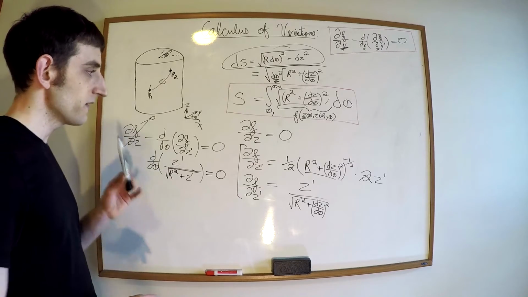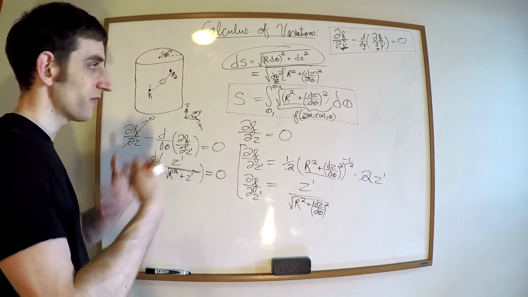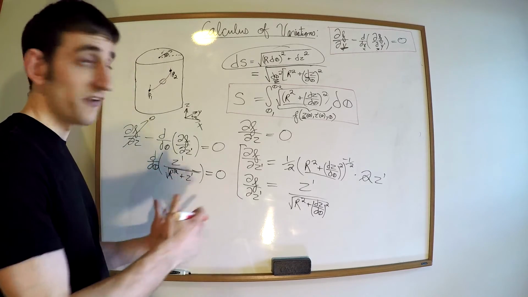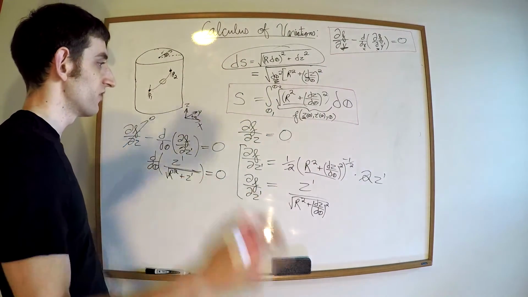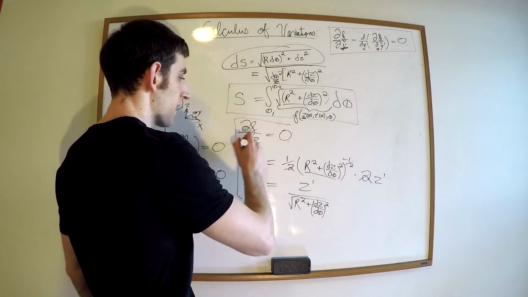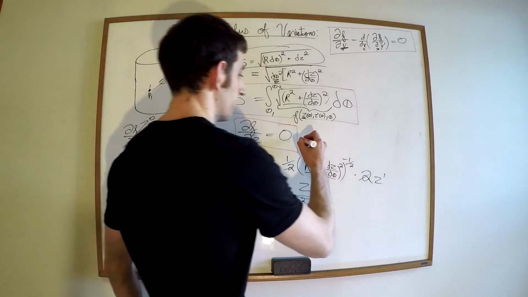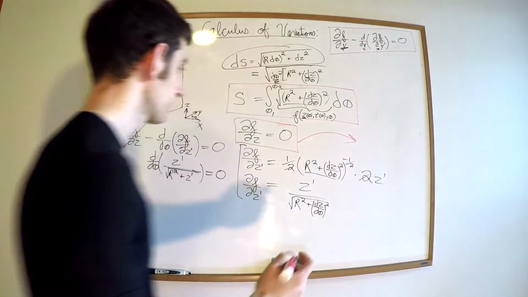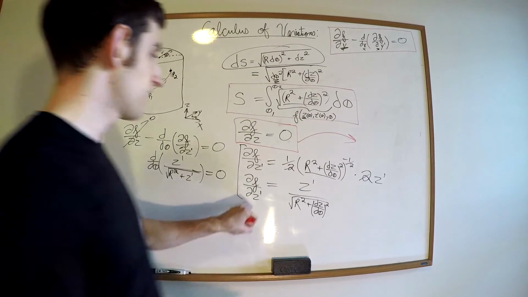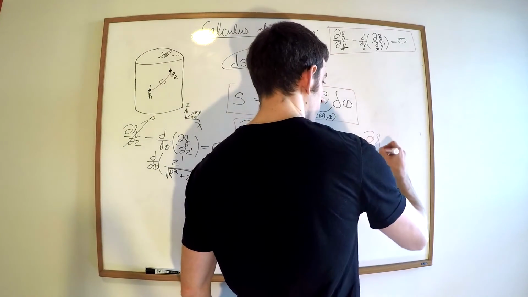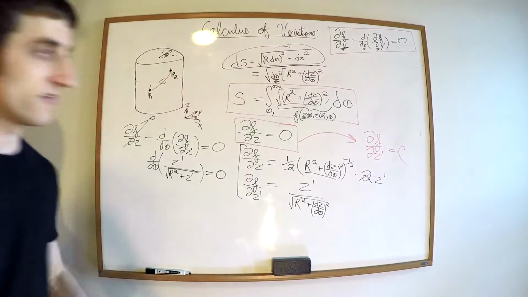Now, an important lesson here. If you're dealing with calculus of variations or Lagrangian mechanics, because it's going to be using the same Euler-Lagrange equation, if you end up with this, you can go right away and say that this is equal to a constant c.